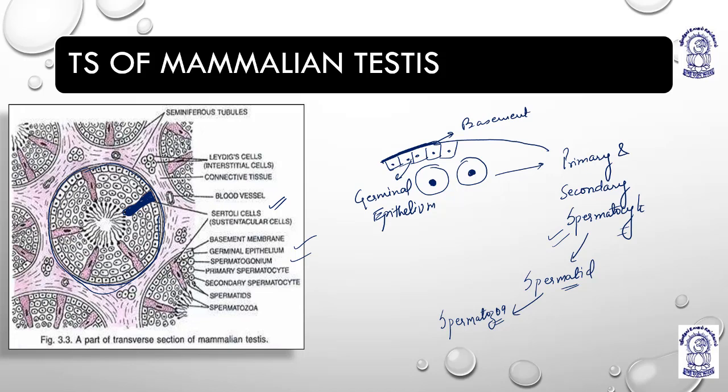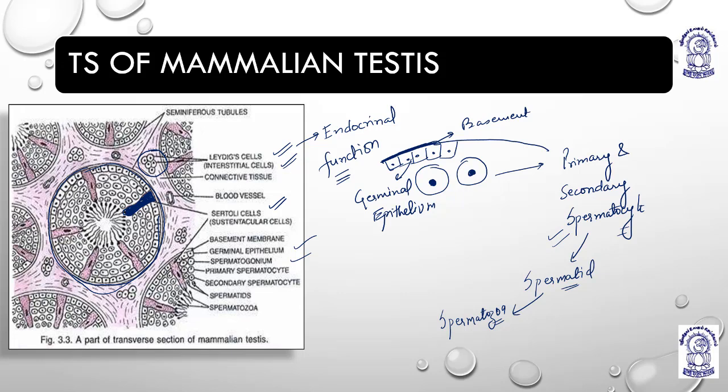Now we have a group of cells known as interstitial cells, which are also known as Leydig cells. Leydig cells are endocrinal in function, meaning they are related to the production of hormones like androgens and especially testosterone, right?